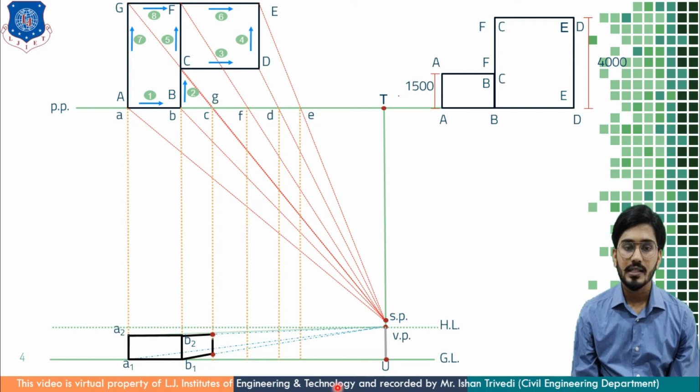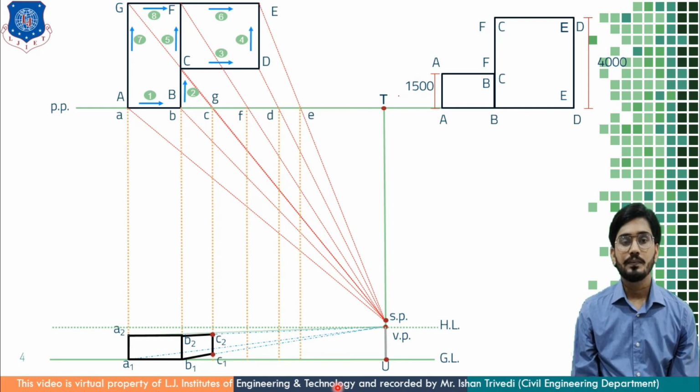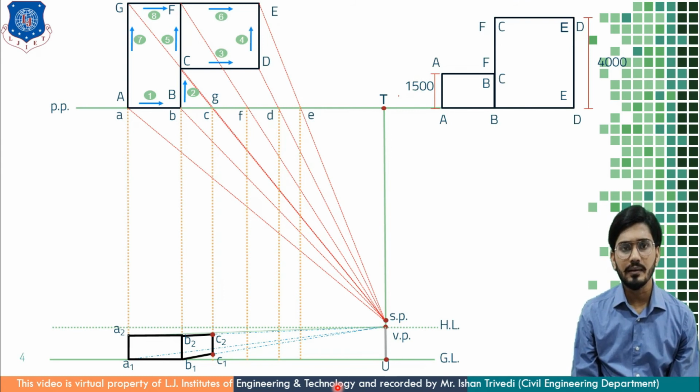Here it is C1 and C2. I have highlighted this so you will easily understand. Again I am telling you, these B1 and B2 lines are intersecting this perpendicular C line, and these points are C1 and C2.